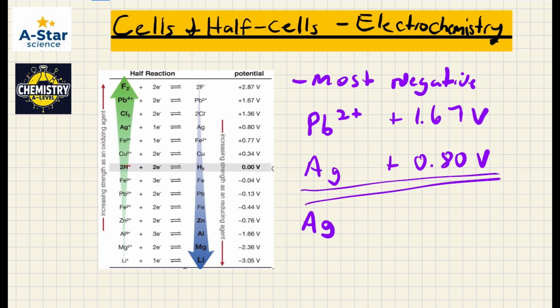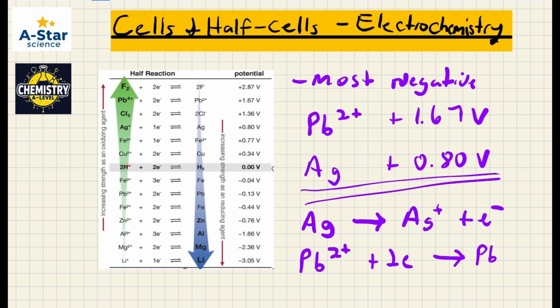So we would write the silver half equation like so. And the lead half equation would take up those electrons to form lead. And so these electrons would go that way.